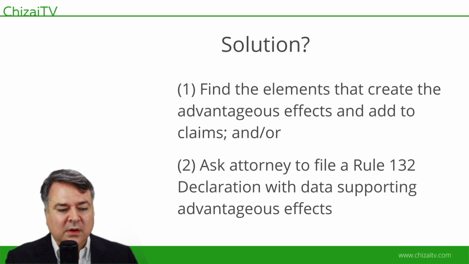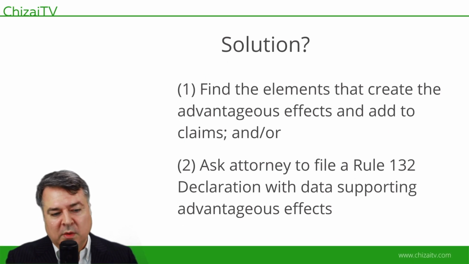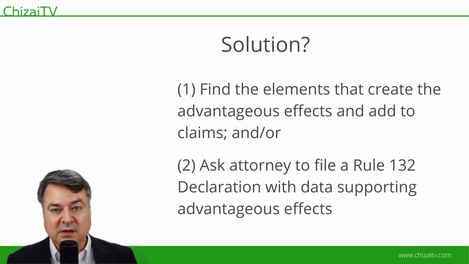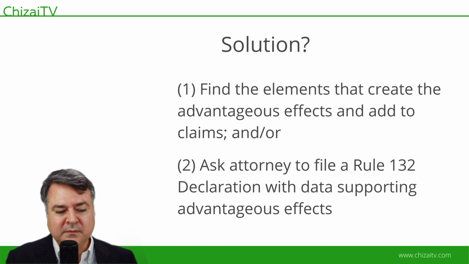So what's the solution to this? Well, there are two examples that I put here. One of them is that if you want to argue these advantageous effects, look at your application and find what are the features of the invention that produce the advantageous effects, and then make sure those features that produce the effect are in your claims, or you clarify them so that it's different from the prior art.